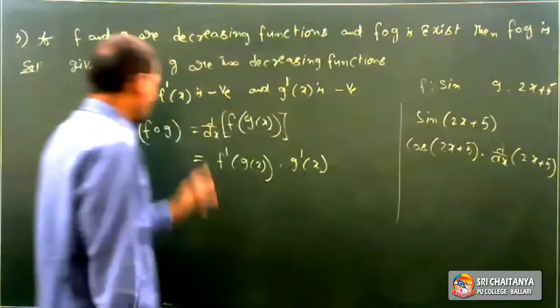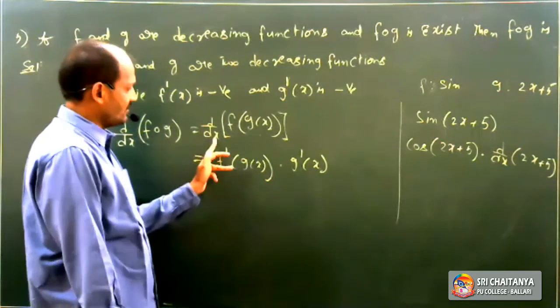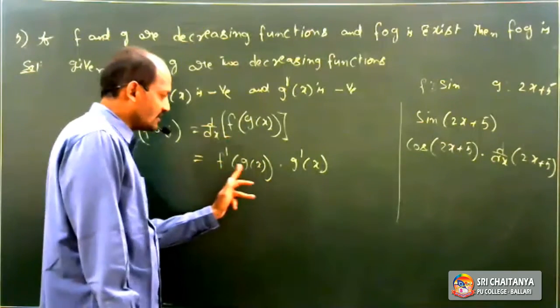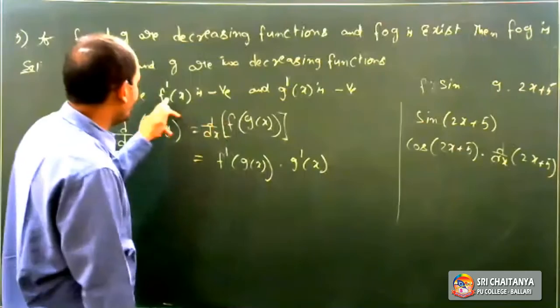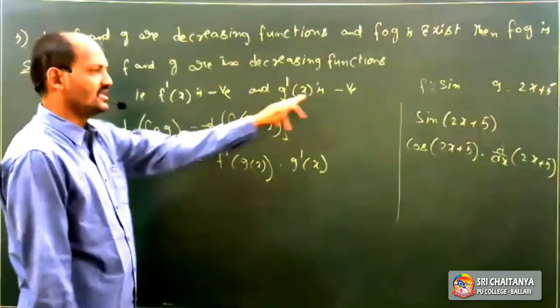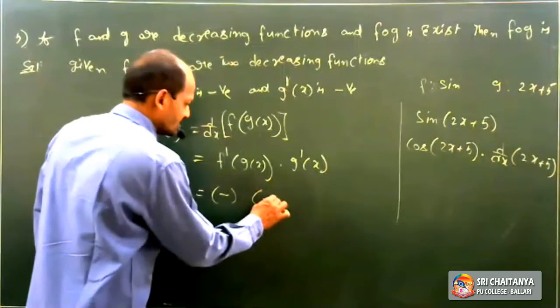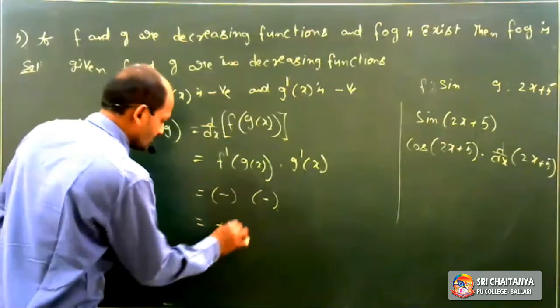So that is the derivative of f circle g. That means the derivative of f of g of x is f dash of g of x into g dash of x. Here f dash is negative, g dash is also negative. Minus into minus is plus, it is positive.